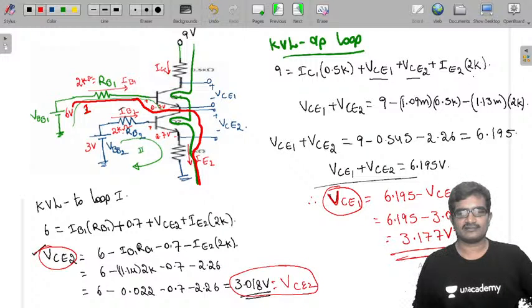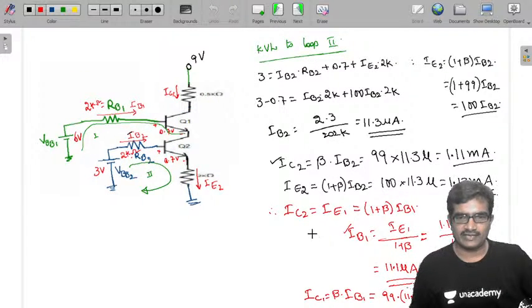VCE2 is over. At the same time, we calculated IC2. IC2 is IE1.